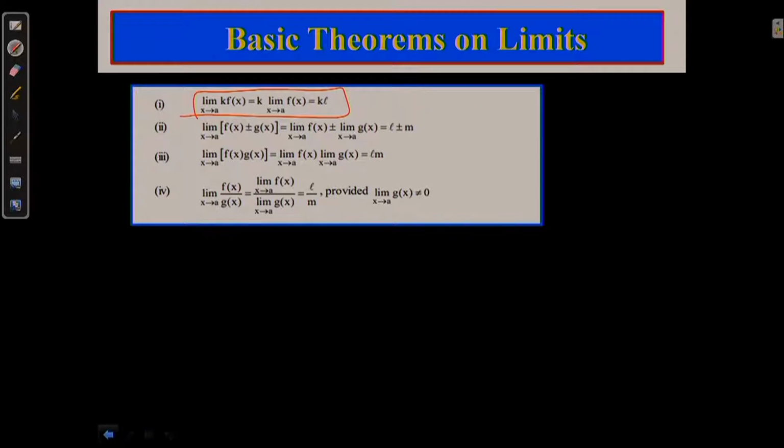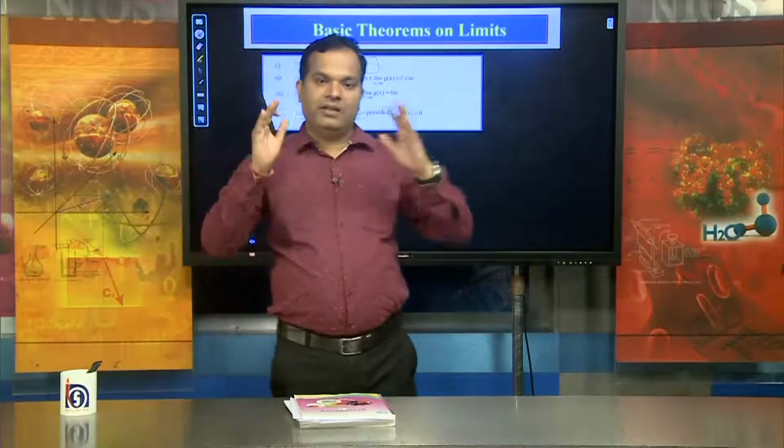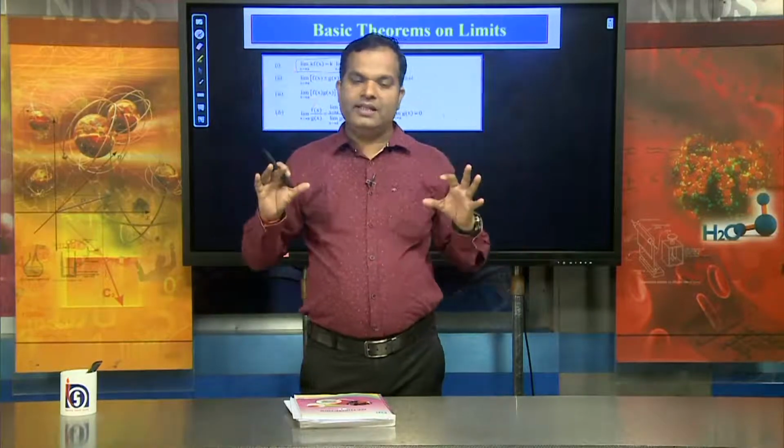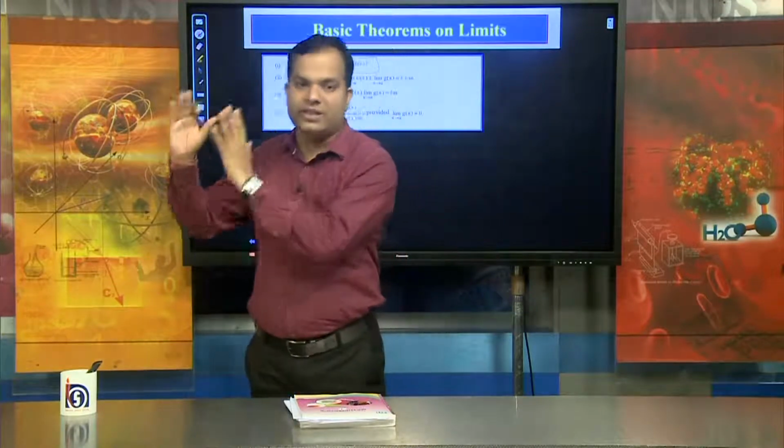Then the combined form: limit x tends to a of f of x plus g of x equals limit x tends to a of f of x plus limit x tends to a of g of x. That means if the function is in the form of addition in a combined form, then we can split it.